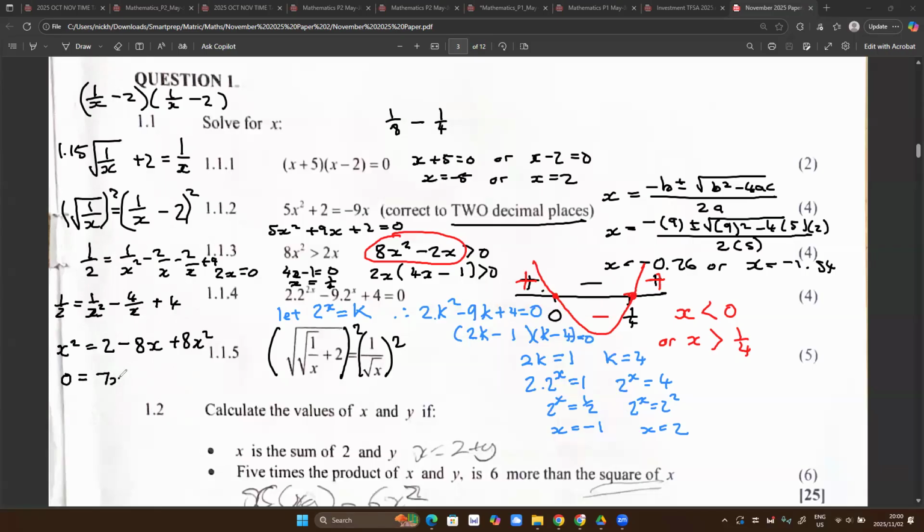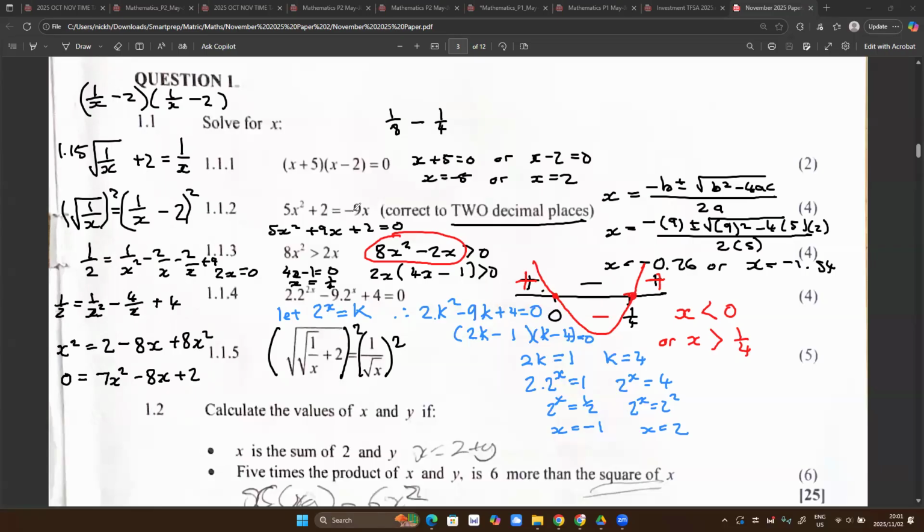So I'll have 7x squared minus 8x plus 2. Okay, now 7 and 2, let's see. We should get 2 answers there.